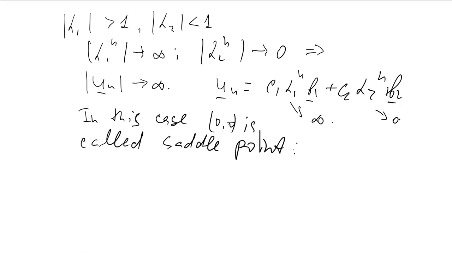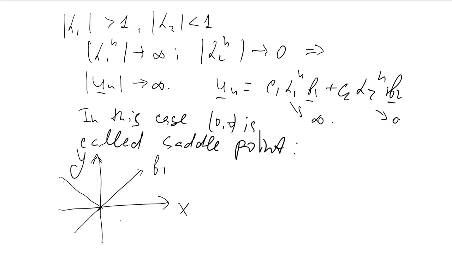What it means, let's consider it in more detail. So this is x, this is y, so we have 0, 0 here. Let's say this is b1 vector. Let's assume this is b2 vector. They could be a bit different, doesn't matter. Now, if we have a point, c1, c2, then what happens?